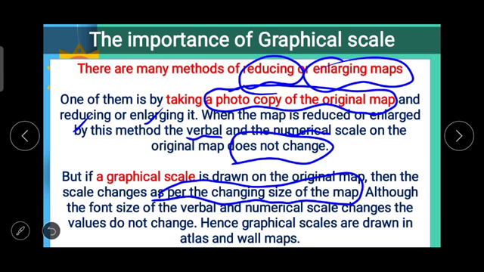So keep in mind two things here which are very important. Verbal scale and numerical scale will not change if we change the size of the map, reduce or enlarge it, but there is change in the linear scale or in graphical scale.